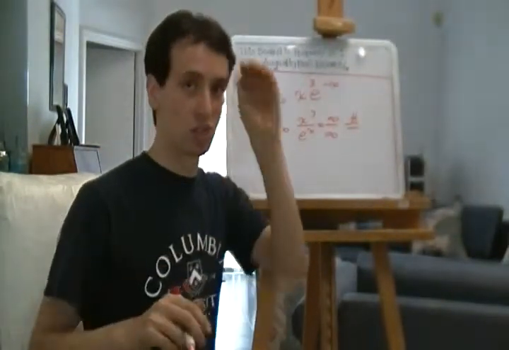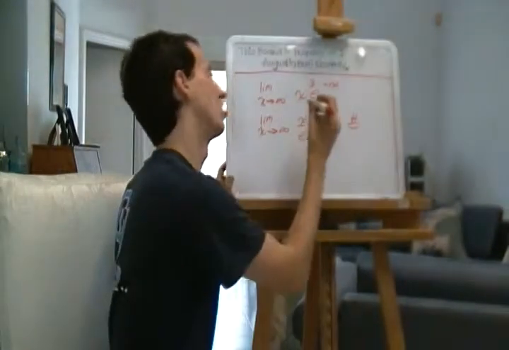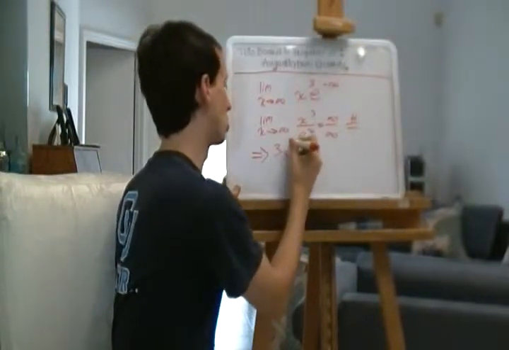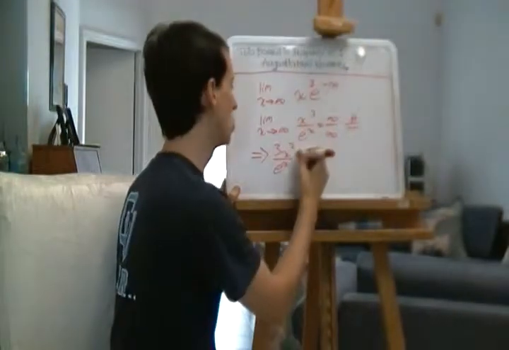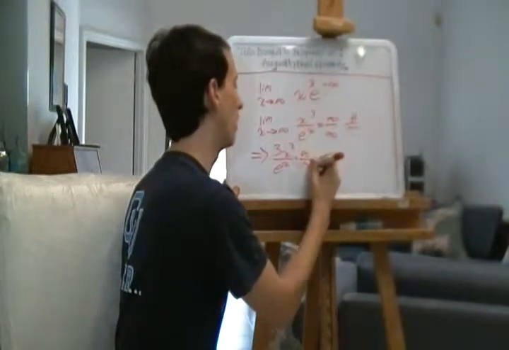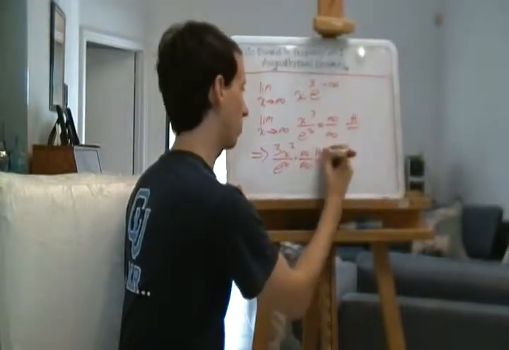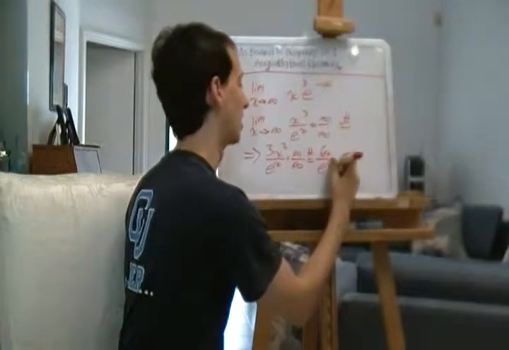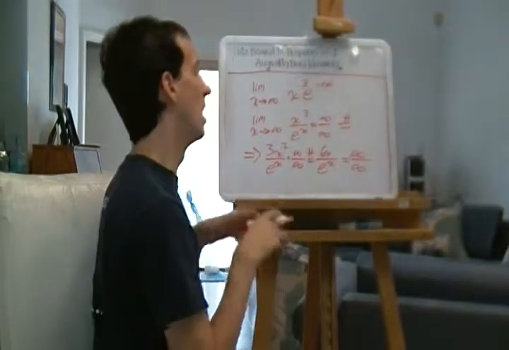Not the quotient rule, just differentiate the numerator, differentiate the denominator, and see what happens. We get 3x squared over e to the x. Using direct substitution, we have infinity over infinity, so we can use L'Hopital's rule again, and we get 6x over e to the x. Direct substitution, infinity over infinity.